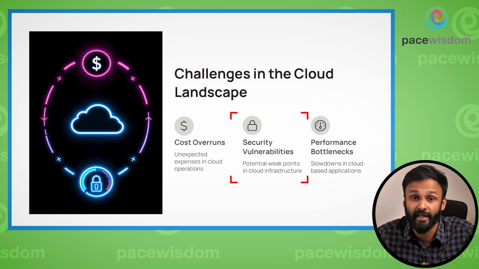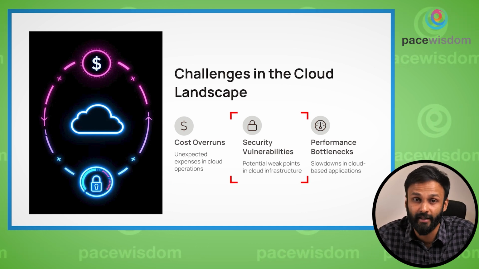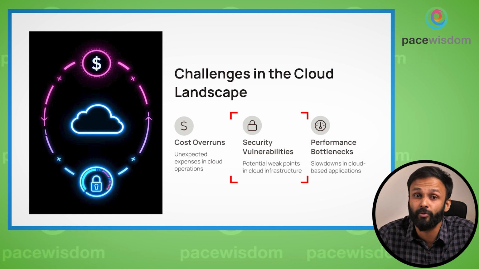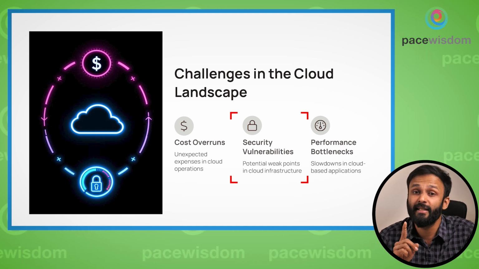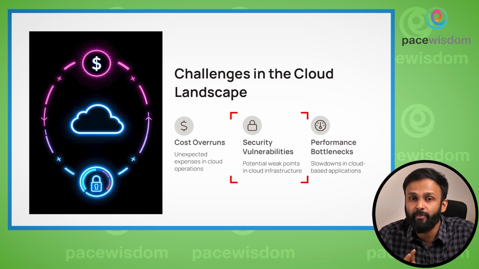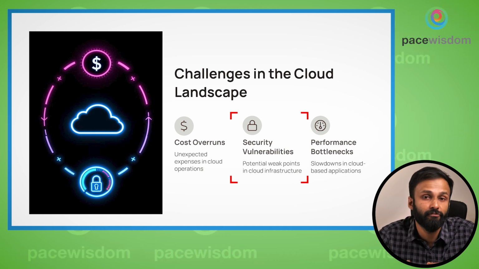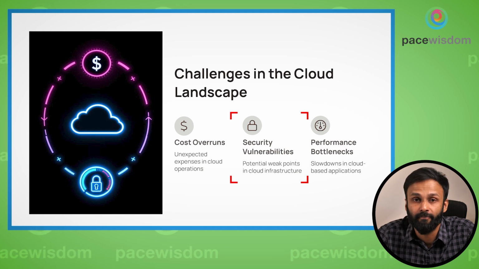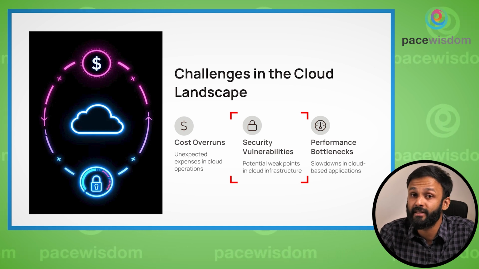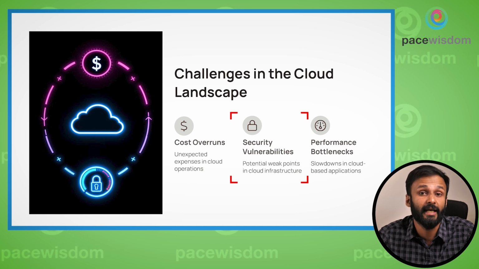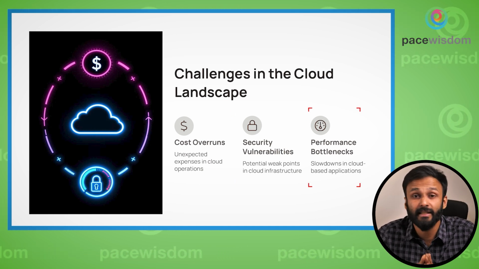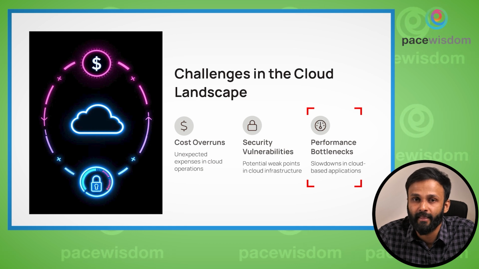The second point is security, super important. The AWS cloud offers multiple robust security tools, but they need to be configured and managed correctly. Potential weak points in your cloud infrastructure can leave you vulnerable to attacks and data breaches. I want to emphasize that keeping your environment secure is a continuous process. It never ends. Next is performance bottlenecks.